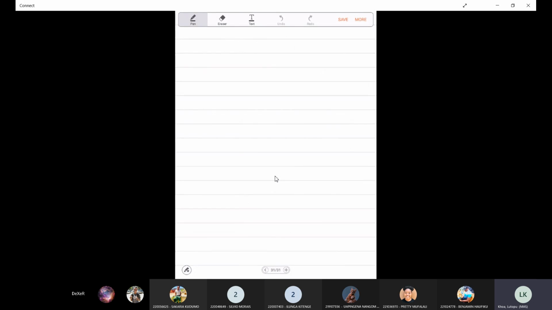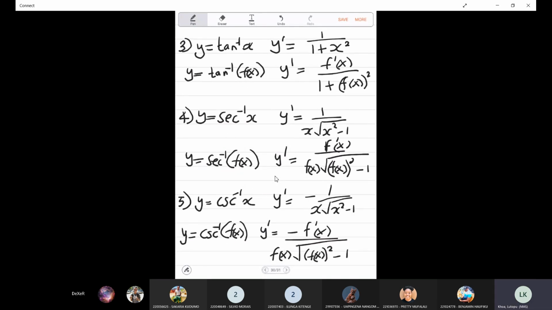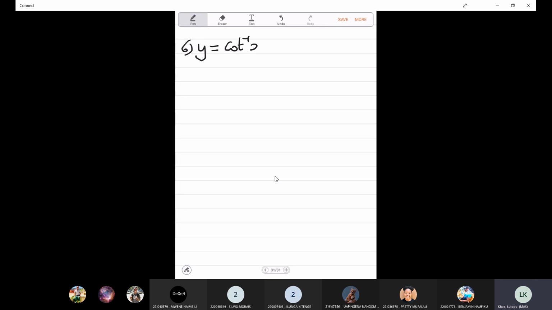Then the last one is cot inverse. So if y is cot inverse of x, then y prime is negative 1 over x squared plus 1, or 1 plus x squared. And this one you can see is almost the same as the one for tan inverse. The only difference is this one is negative.